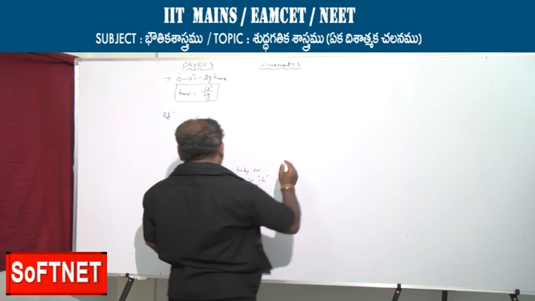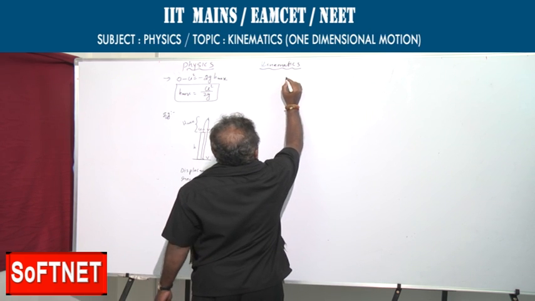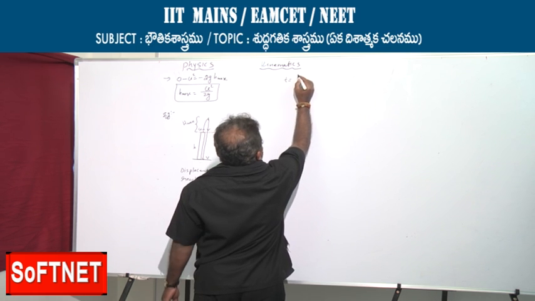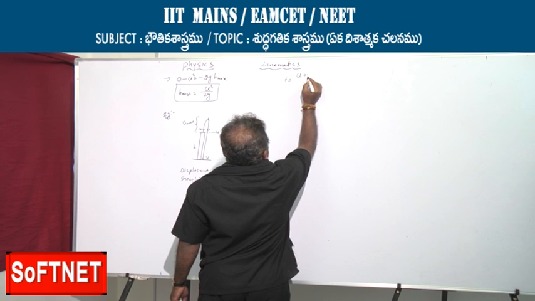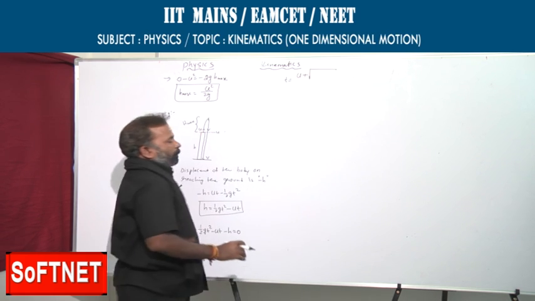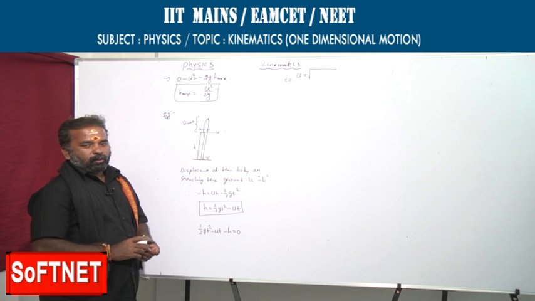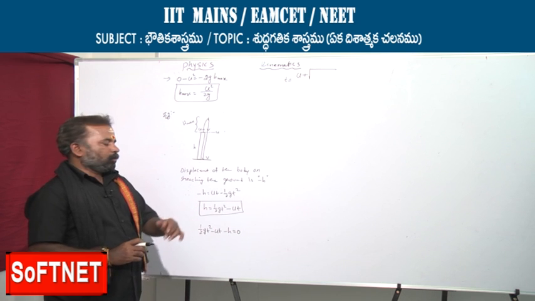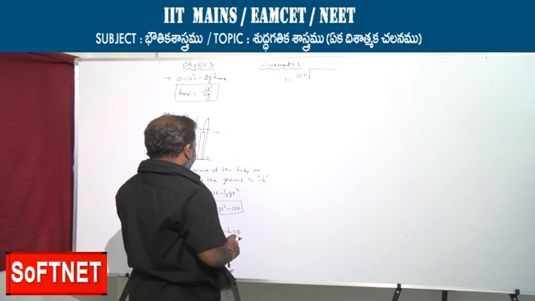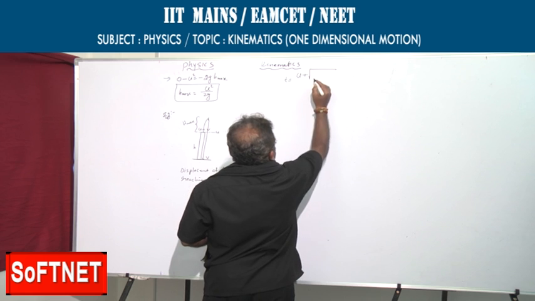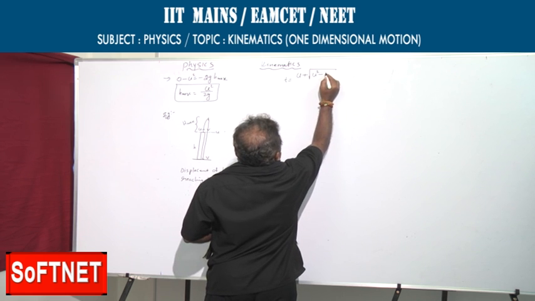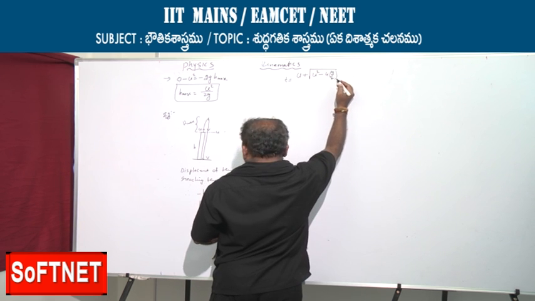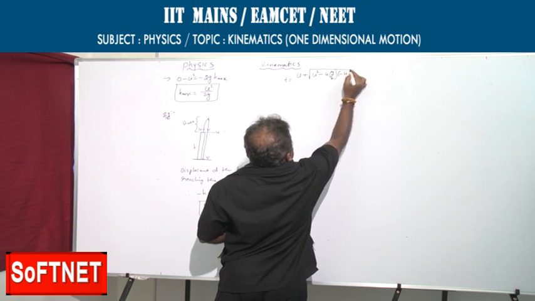So when we apply the same roots equation, minus b plus or minus under root of b square minus 4ac by 2a, t is equal to minus b plus or minus root of b square minus 4ac by 2a, I will go for the plus sign only. In the previous case, whatever we have done, b square minus 4ac, the a value is g by 2 and the c value is minus h, everything under root.